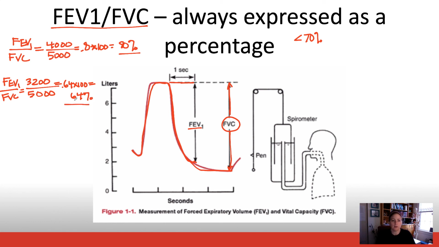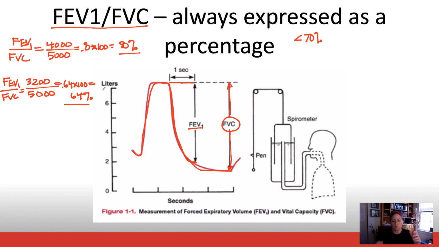What do you think about this compared to this? Right? That's a problem, right? It's less than it. So we're going to say, okay, in this example, this patient presents with an obstructive lung pathology. Okay? Could be emphysema, could be bronchitis, could be asthma. And a lot of times what happens with these guys is that, let's say someone is having an asthma attack.